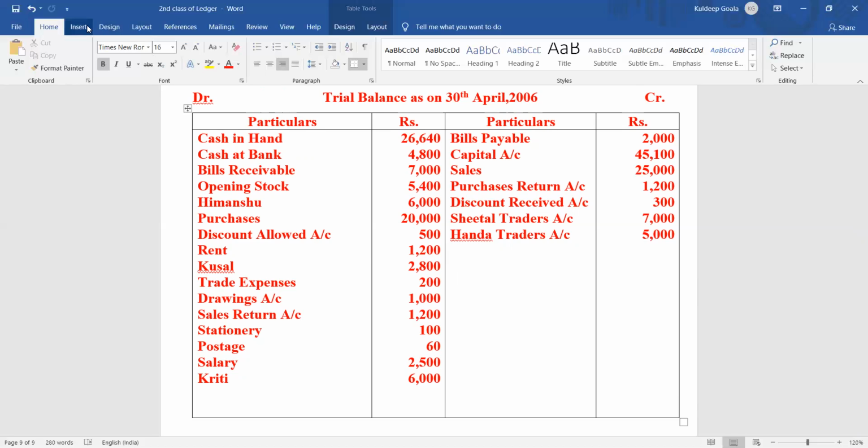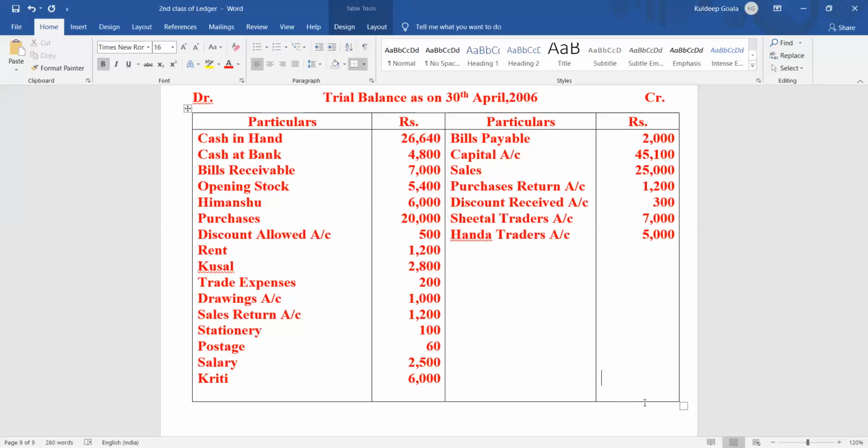I'll just make some space so that we can show the totaling. So the total is 85,400. Clear?